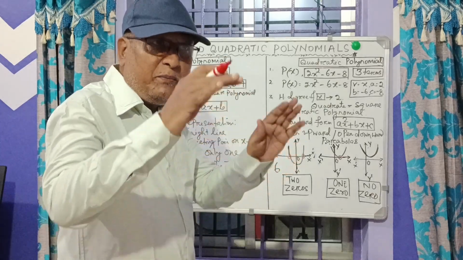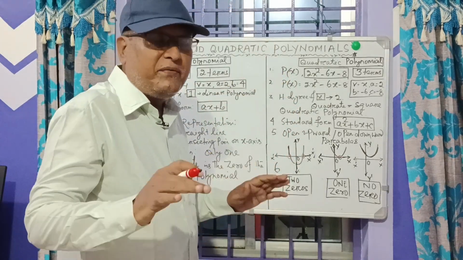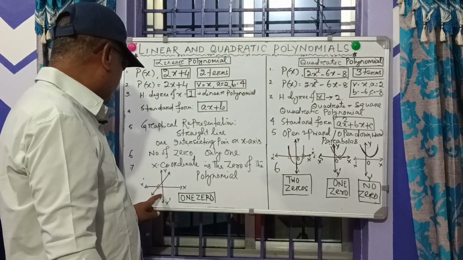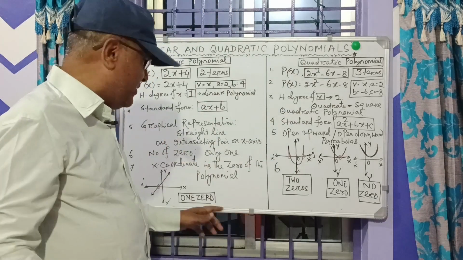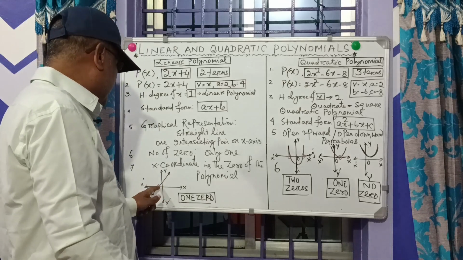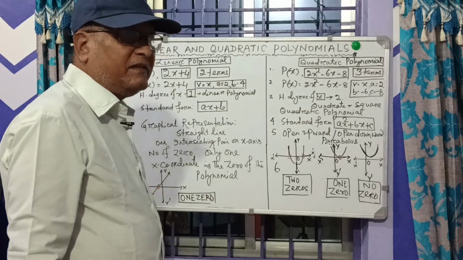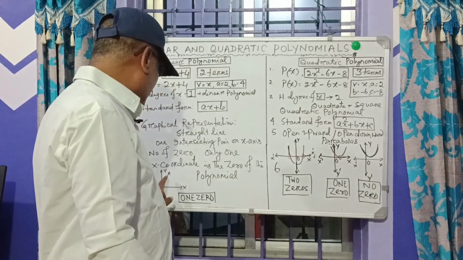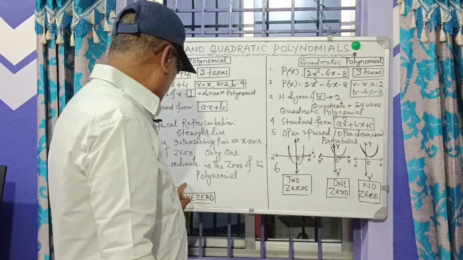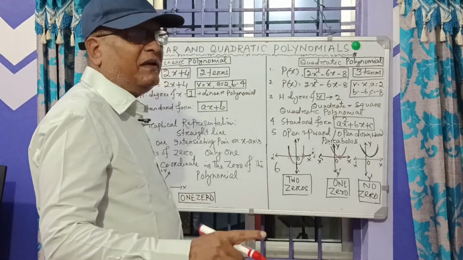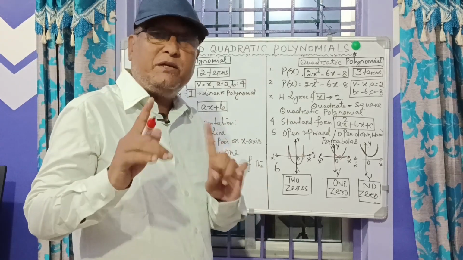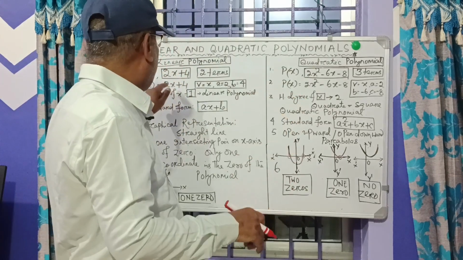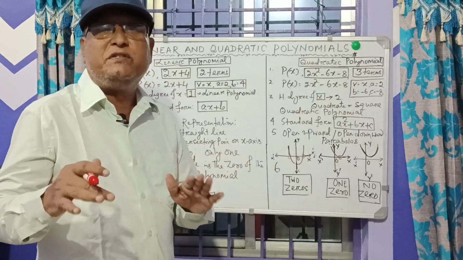If we present it in a graph, taking the x-axis and y-axis, you can see that the line intersects the x-axis at a point, the x-coordinate. This x-coordinate is the zero of that polynomial. A linear polynomial has only one zero, meaning that if we put that value in place of x, the polynomial becomes 0.